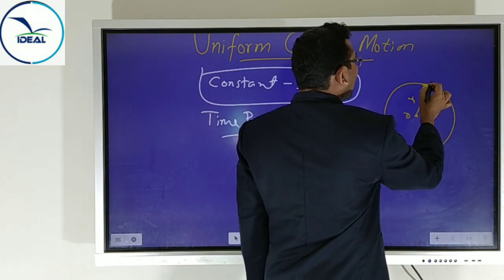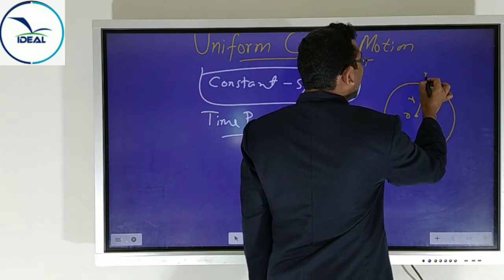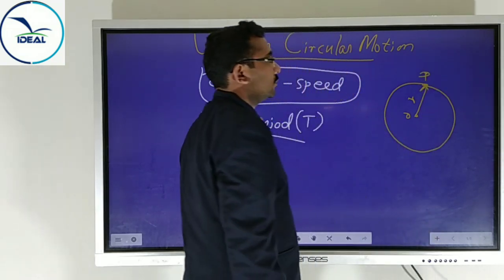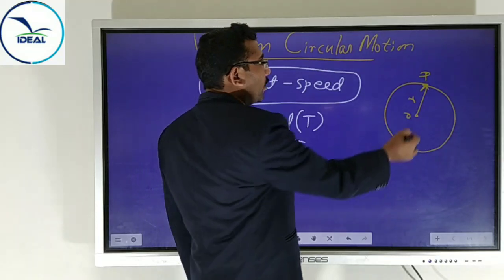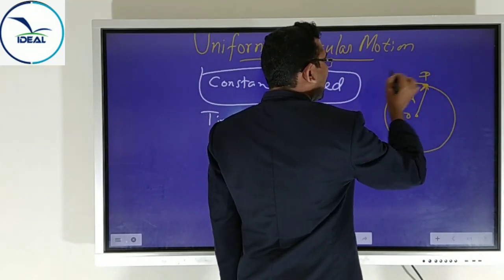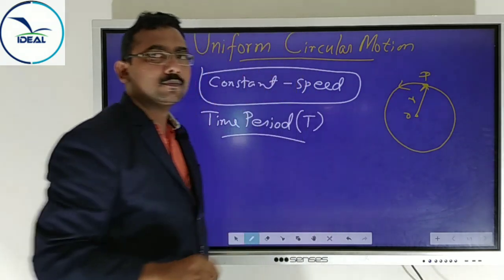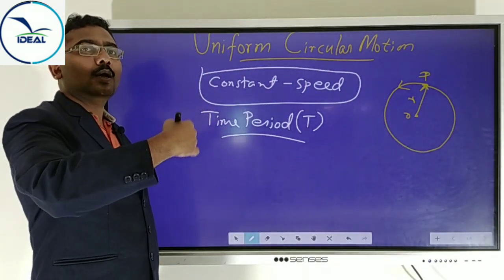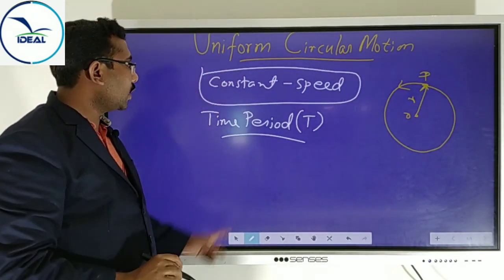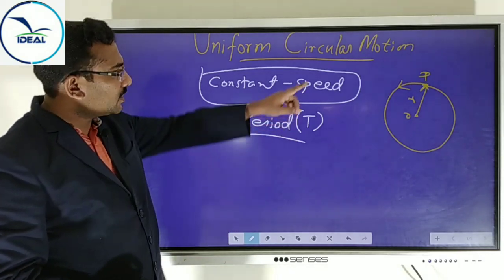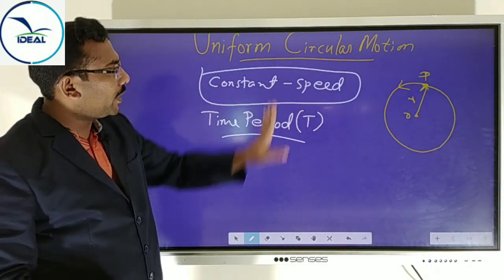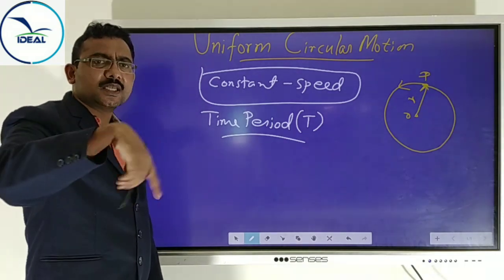Suppose the body starts moving from here, the point P, and it moves in anti-clockwise direction and returns to P. If it starts from P and returns to P, then one revolution is completed.